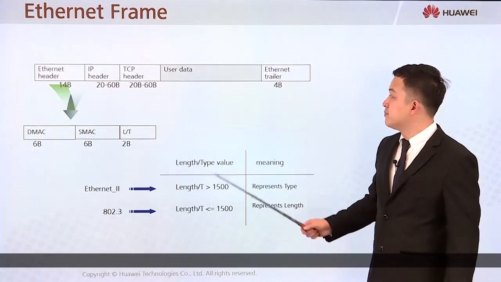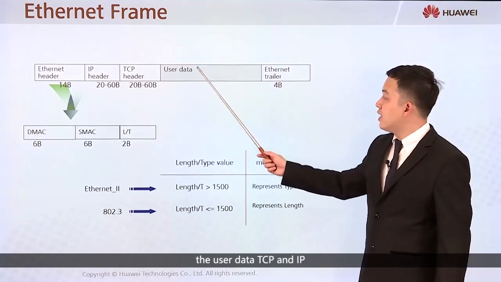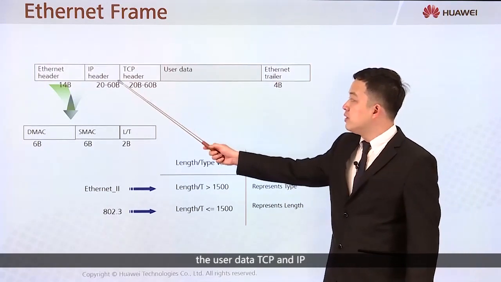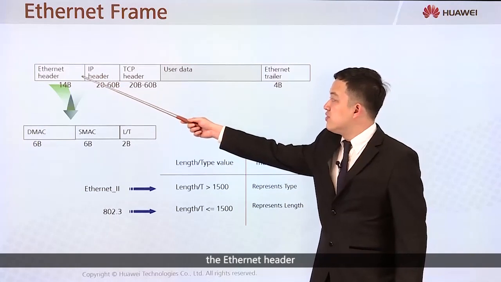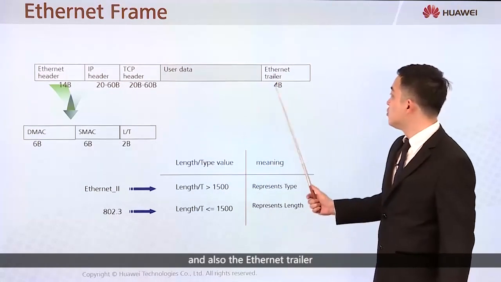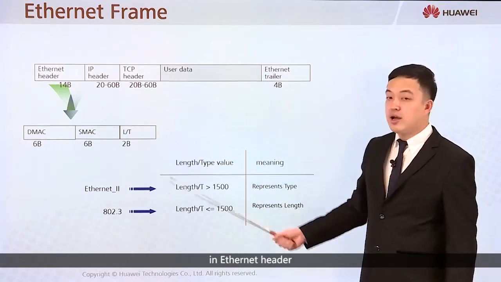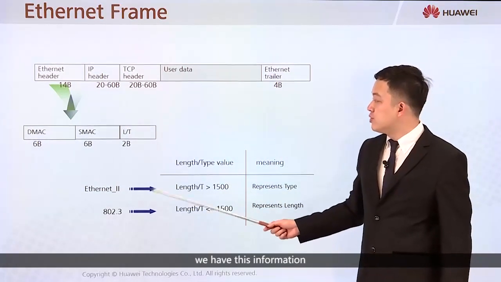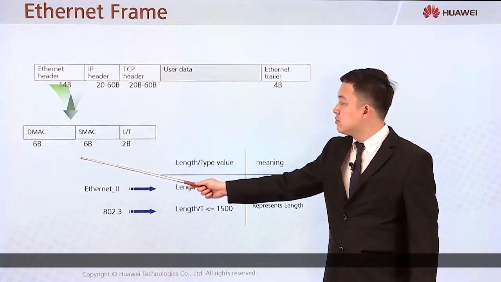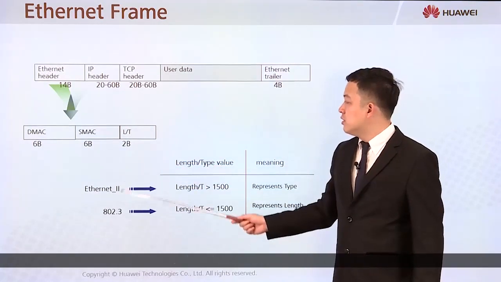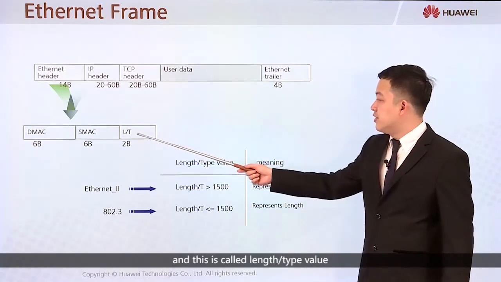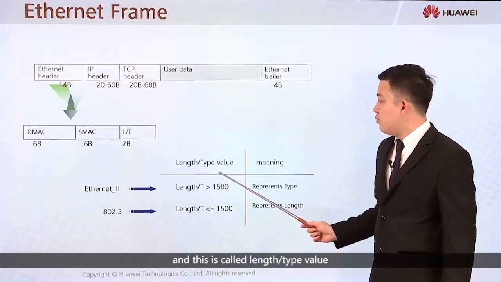Ethernet frame. The user data, TCP, and IP, then the Ethernet header, and also the Ethernet trailer. In the Ethernet header, we have this information: destination MAC, source MAC, and this is called the length type value.